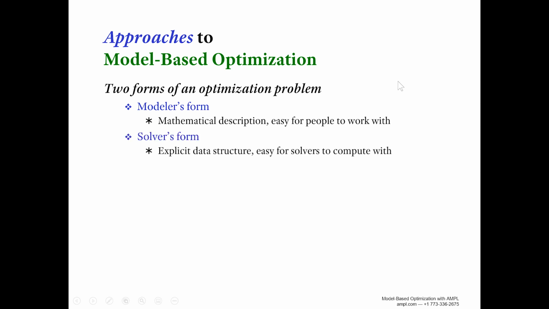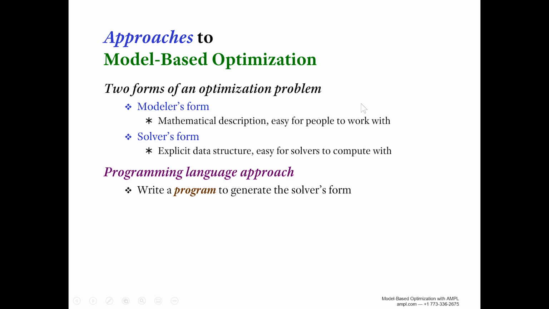But there's also a solver's form, and solvers do not work with that mathematical description. They work with an explicit data structure with a bunch of numbers in it, because they're basically number crunching programs. They want quite a different description of the problem, very explicit with lots of numbers in it, and not something that you could read or want to deal with.